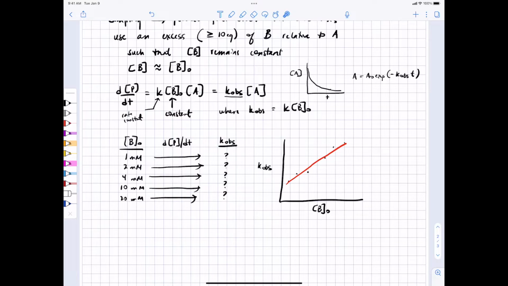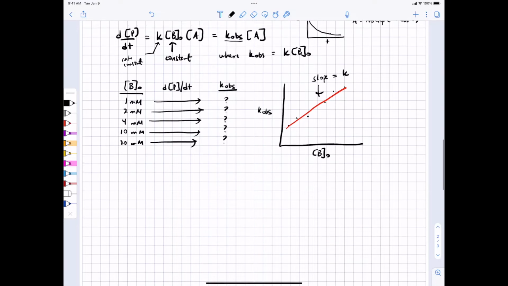So if I fit the various k obs values versus concentration of B to a line, the slope of that line is going to be my actual rate constant. And so people do experiments under these conditions all the time as a way of simplifying a reaction.